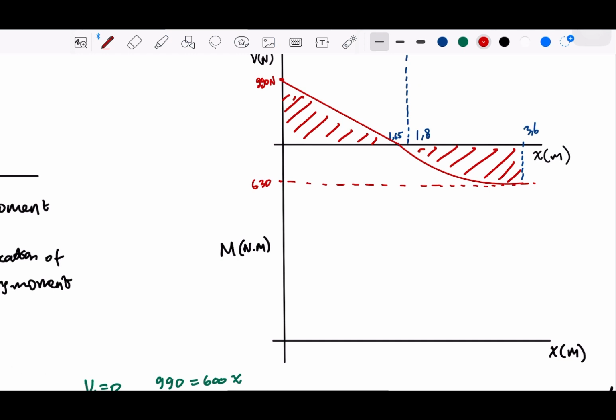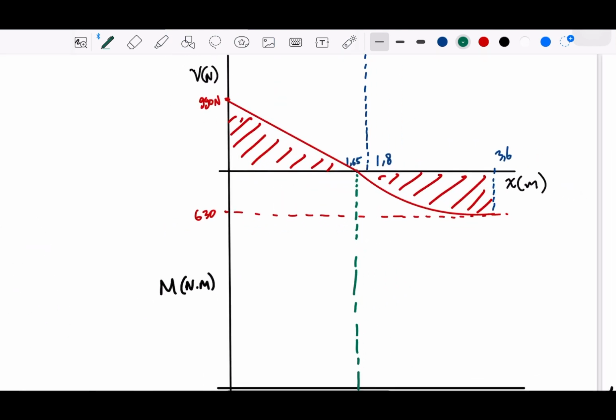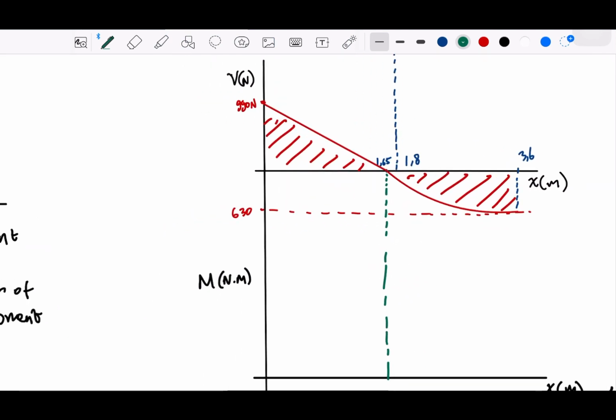As it is crossing this 1.65, V is the derivative of M, so this part here is positive, right?